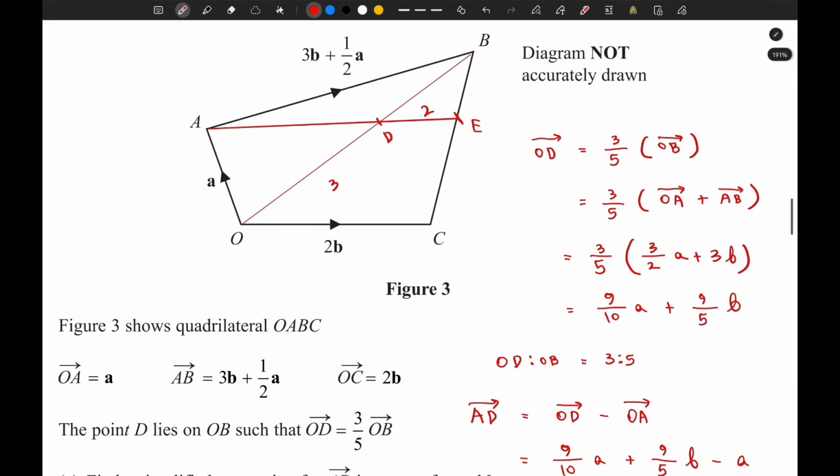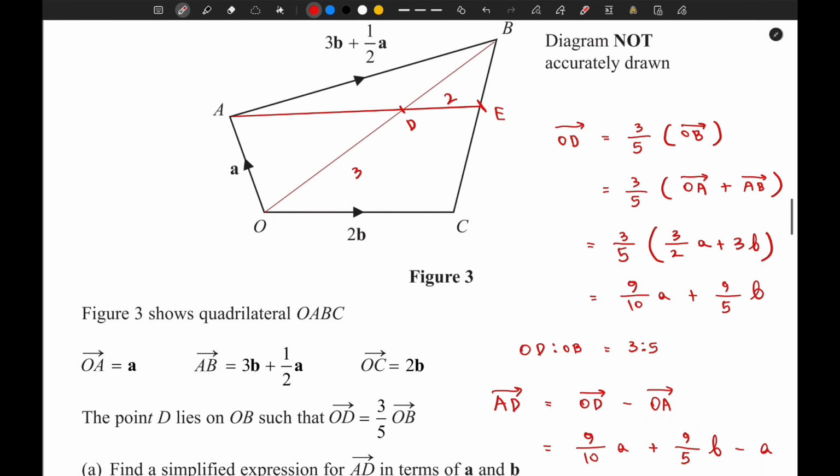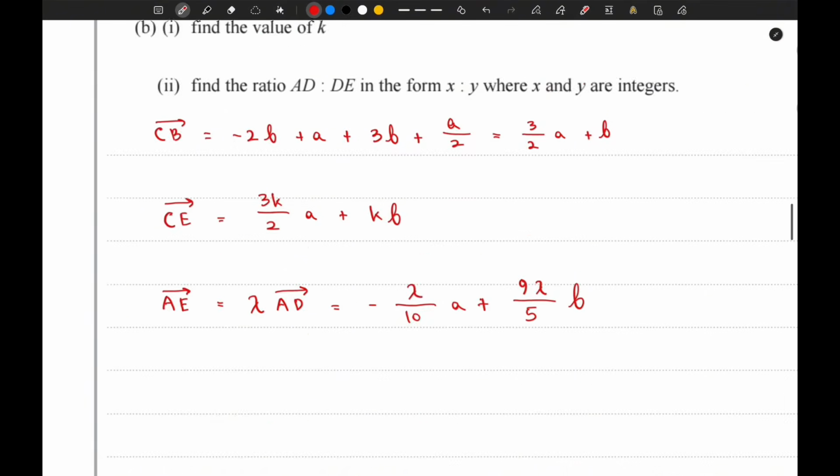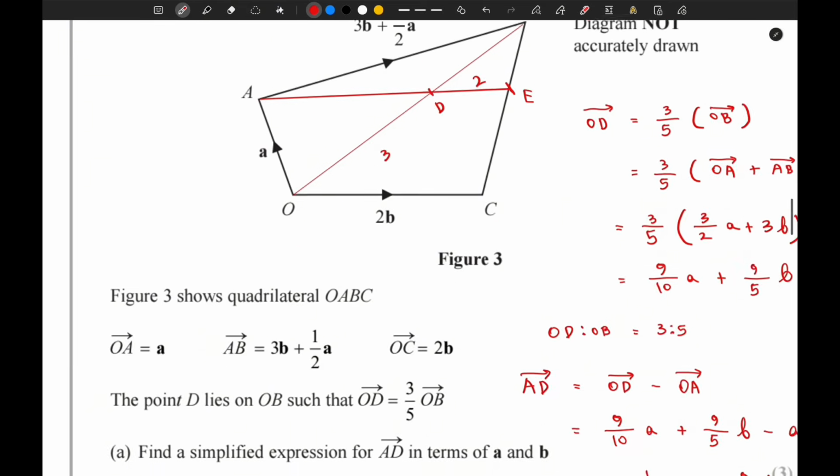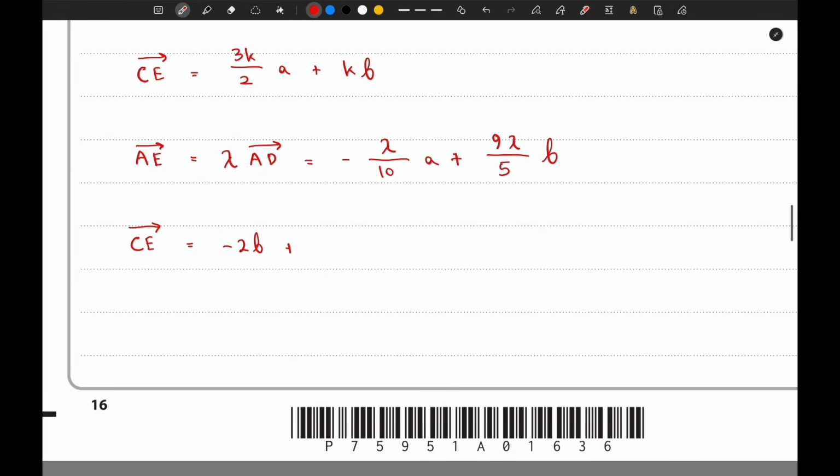Now we can find another equation for the CE vector. We can write the CE vector as the CO vector plus the OA vector plus the AE vector. So the CE vector is minus 2b plus a, and minus lambda over 10a plus 9 lambda over 5b.